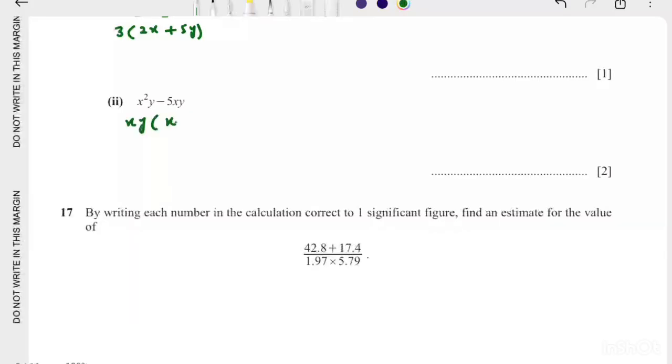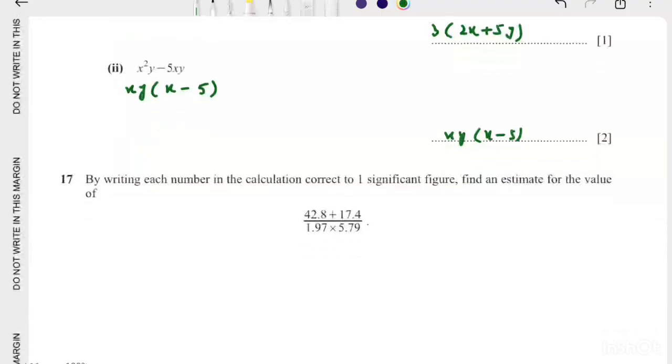So here will be x minus 5. This is the answer. Next question.